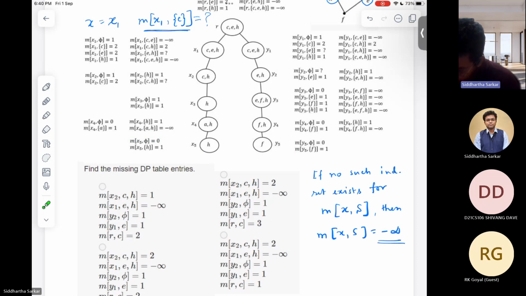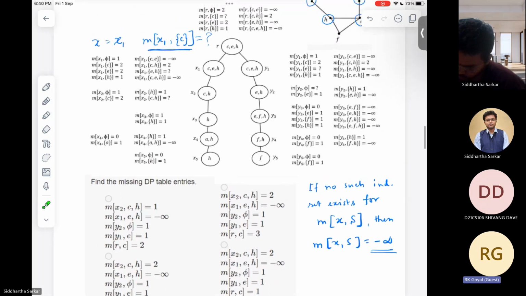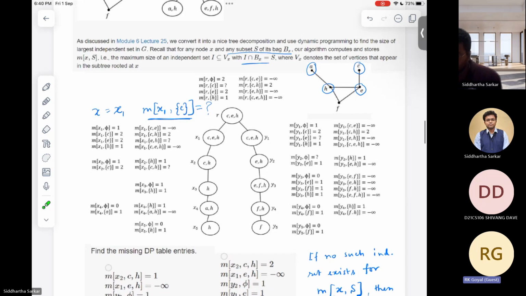So what is this entry, x5 comma phi? Why is this entry 0? The value of V of x5 is equal to h only. Now we find the maximum size of the independent set containing only this element h. Such a set would be comprised of only one element, that is h only.